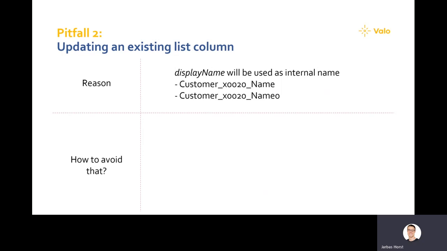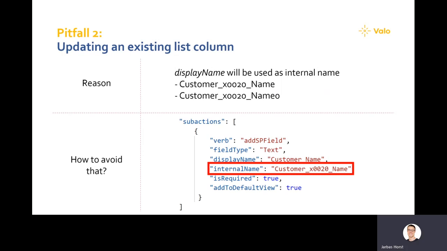If I run it a second time, I will have customer space name 0, and so on. So how can I avoid that? By providing the internal name property, which unfortunately is not required. But if you provide this property, we will then address the correct column.